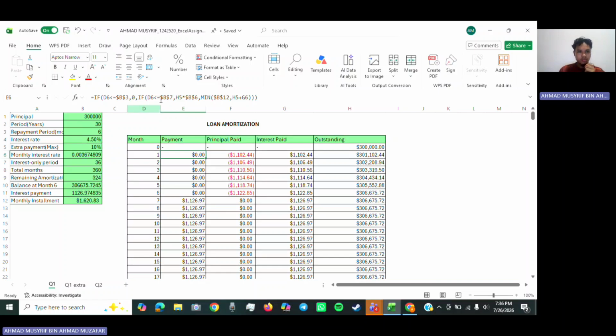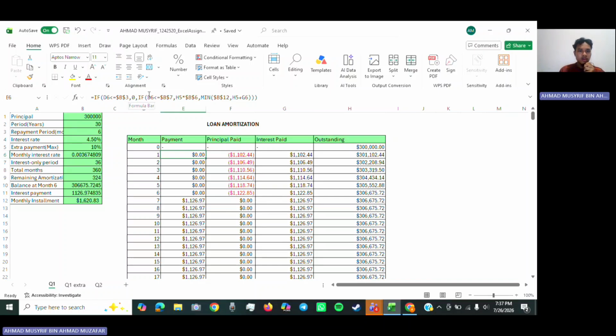For the payment, we use the formula IF: month less than or equal to 6, which is the payment period, it's 0. If it's more than 6, then we use the formula IF again.